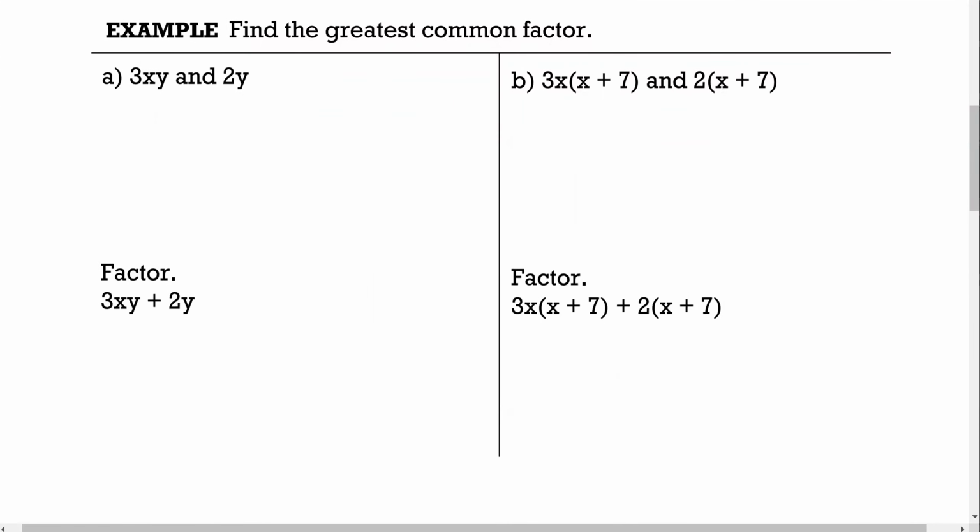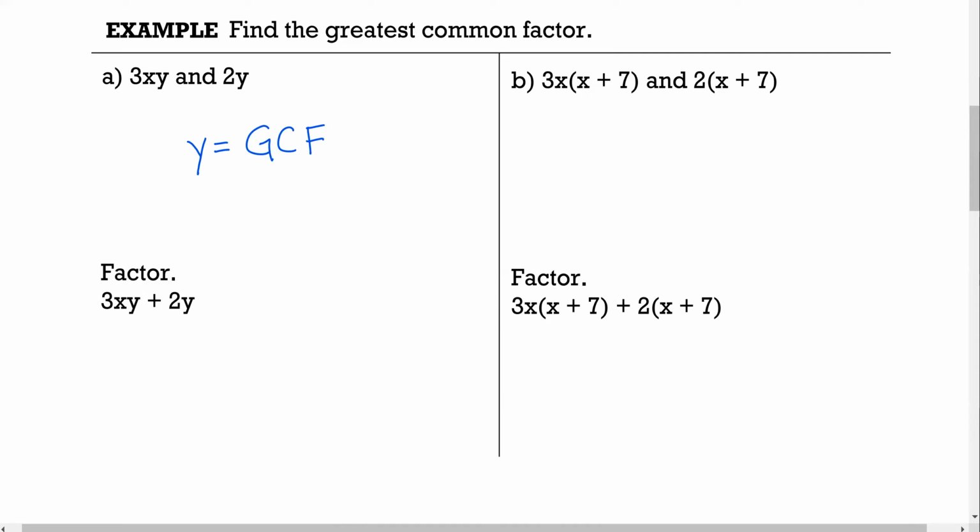All right, so on the left side, if we consider the term 3xy and the term 2y, the greatest common factor between those two terms is just y. Right, that's our GCF.